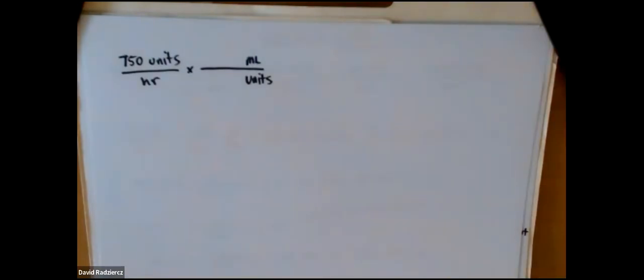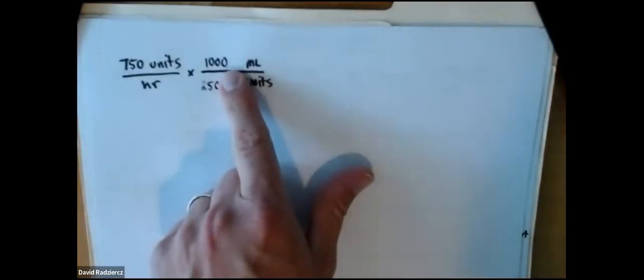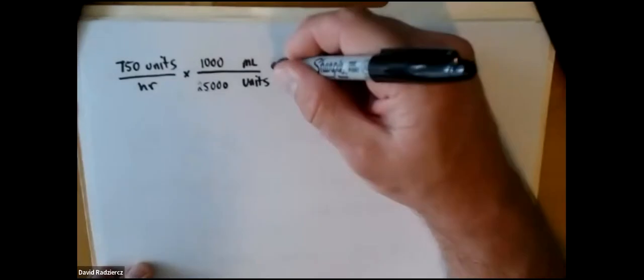Then you just look at your question and it says your solution is available as 25,000 units of heparin in a 1,000 milliliter bag. That tells you what you're using, 25,000 units of heparin in a 1,000 milliliter IV solution. This is very similar to the heparin protocol, but they use 250 milliliters per 25,000 units.